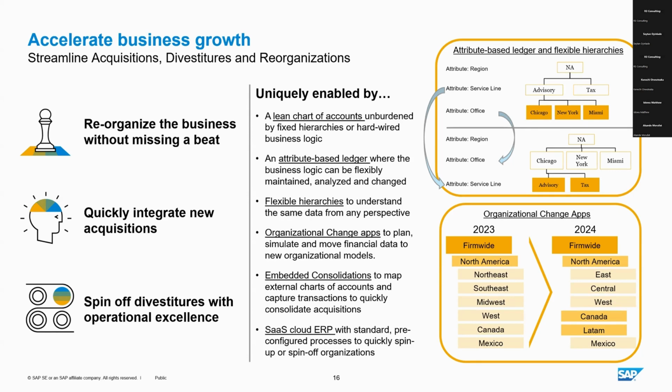Then flexible hierarchy lets you understand the same data from any perspective. You can see that same data by your regional grouping, by a different product group, or a profit center or business segment. So this brings all this flexibility. It's not just having a single P&L that doesn't make sense. With SAP S/4HANA, we offer the attribute-based ledger and flexible hierarchies that you can customize based on your company requirements.